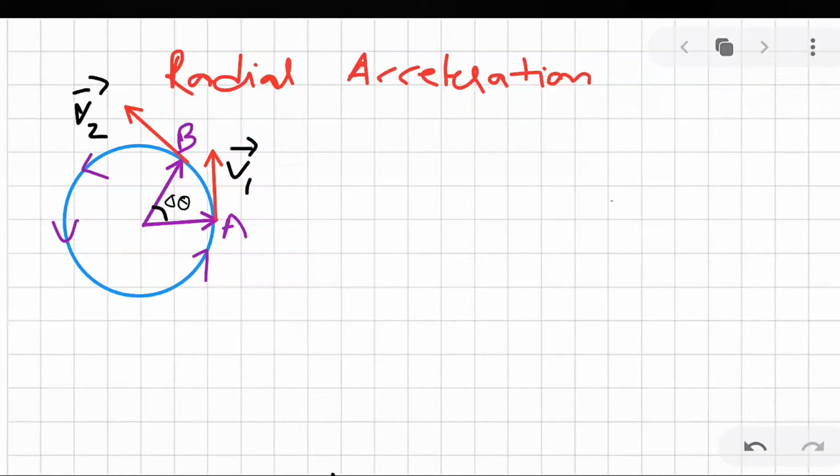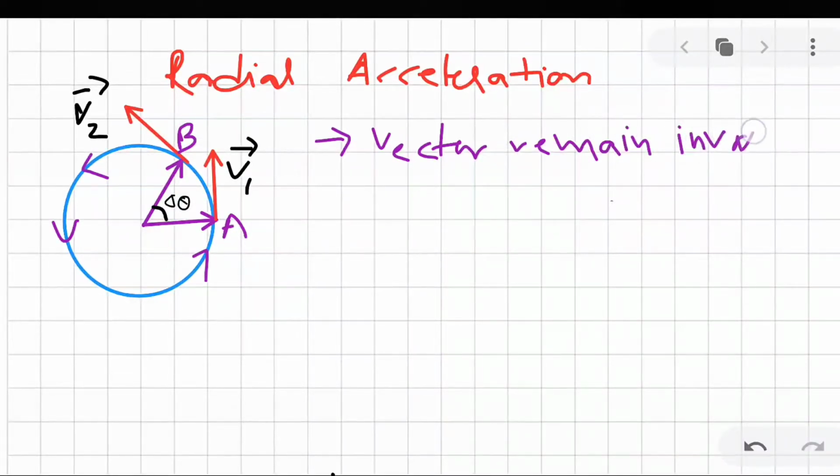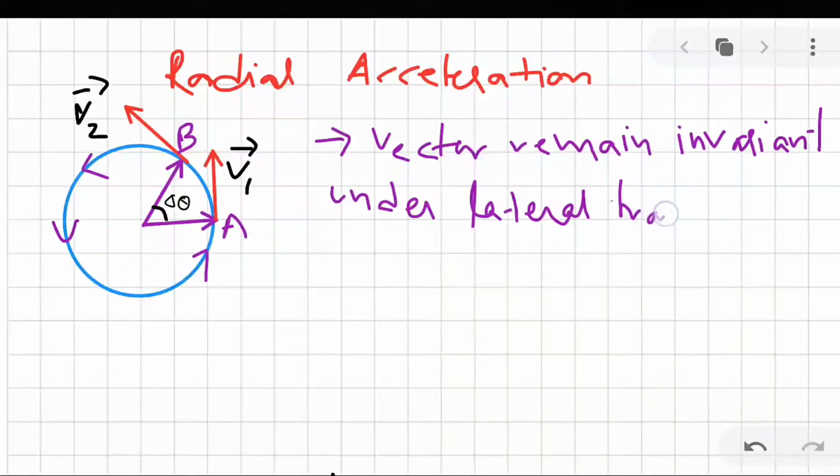Now let us shift the two vectors such that their magnitude and direction remain invariant. We know one property of a vector: a vector remains invariant under lateral transformation. What is the meaning of this?